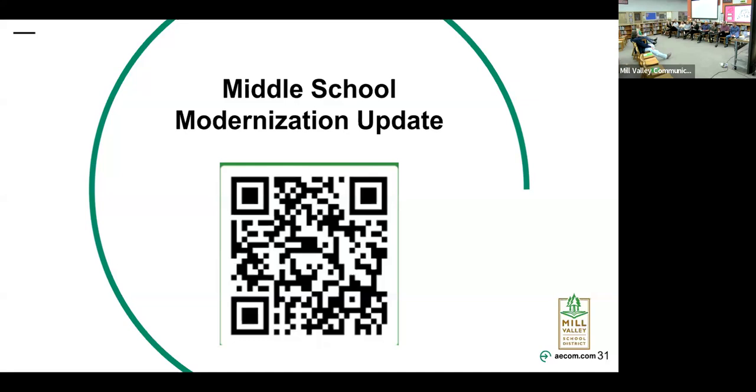So the way I would answer that question is the facility master plan outlined priorities for each site. The priority 1 list for each elementary school was based a lot on maintenance upgrades that were needed. If you look at priority 1, 2, 3, 4, really priority 1 is, okay, we need a new switchboard at Strawberry, right?